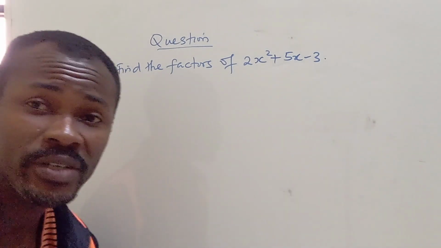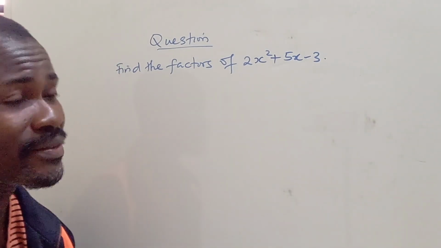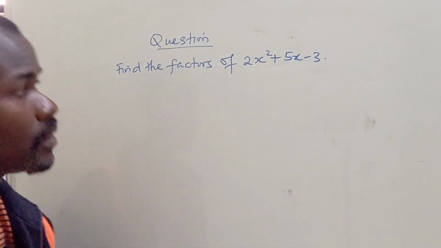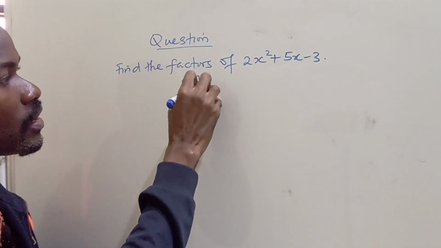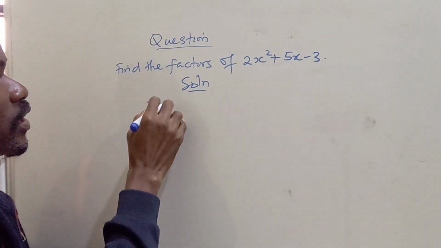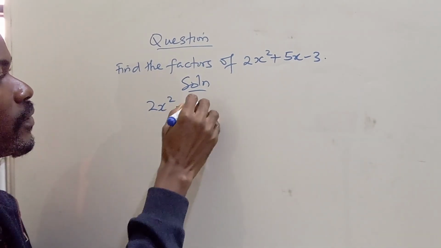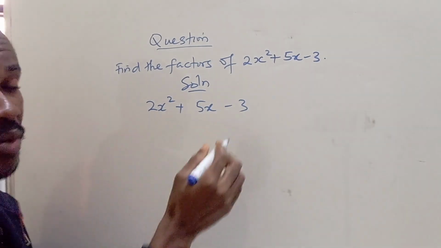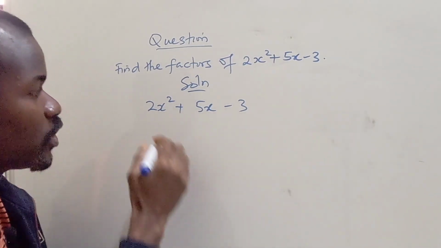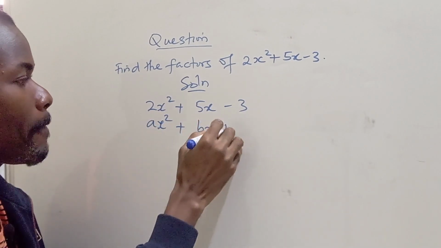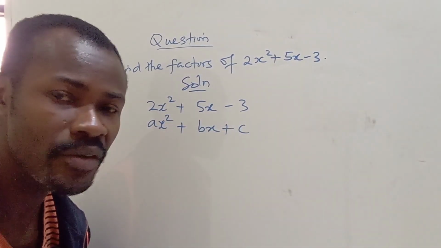The question is on quadratics. It says we should find the factors of 2x squared plus 5x minus 3. So our solution to this simple problem: the first thing is we have the expression 2x squared plus 5x minus 3. We want to write the general form of quadratic expressions, which is ax squared plus bx plus c.